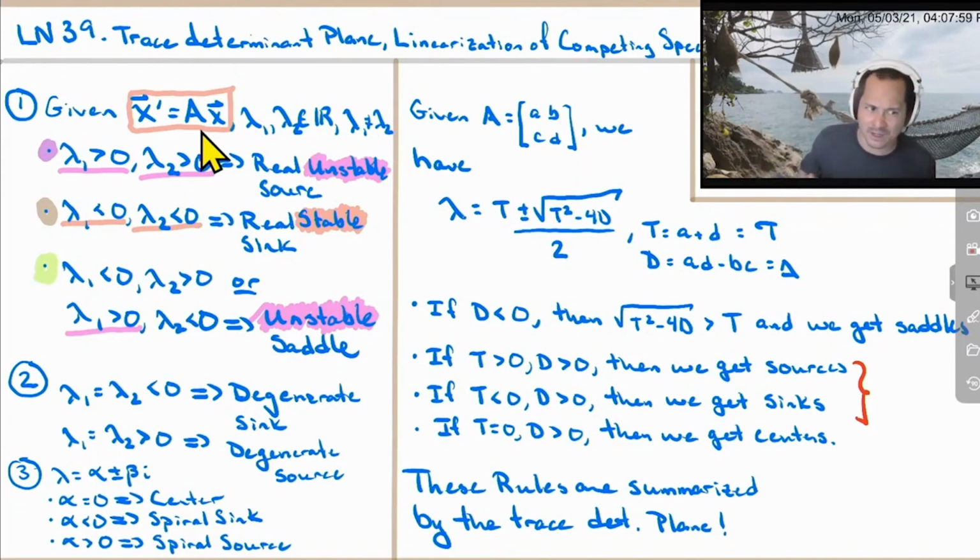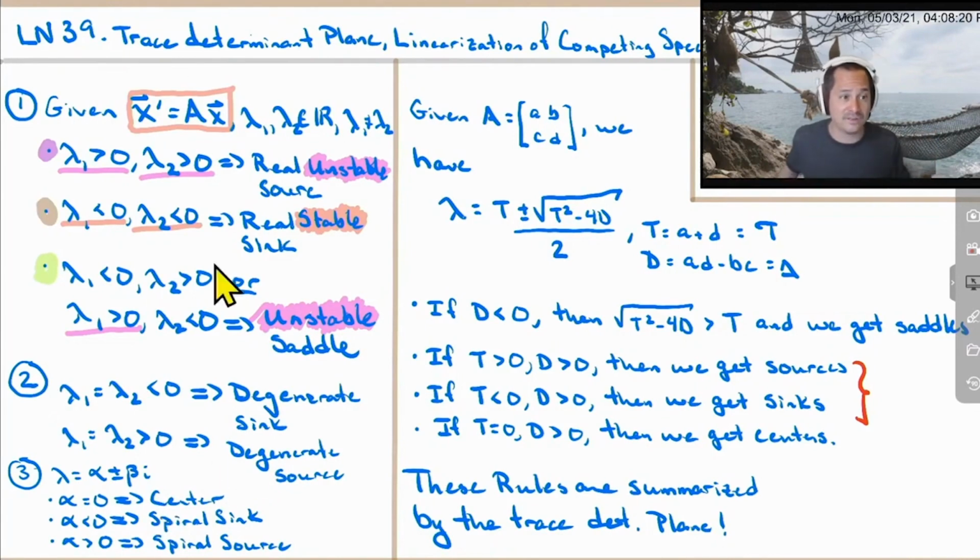You didn't really need to know the direction of that eigenvector. You just needed to know the exponent, whether it was positive or negative. Also, thinking about our spirals, if you wanted to know whether it spiraled into the origin or out from the origin, you didn't care about clockwise or counterclockwise. You didn't really need to know much. You just needed to know the eigenvalues.